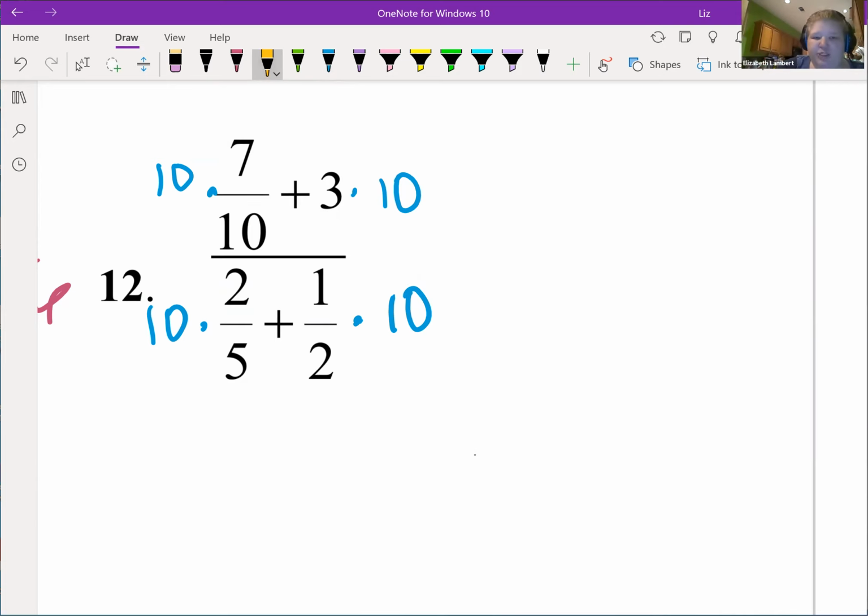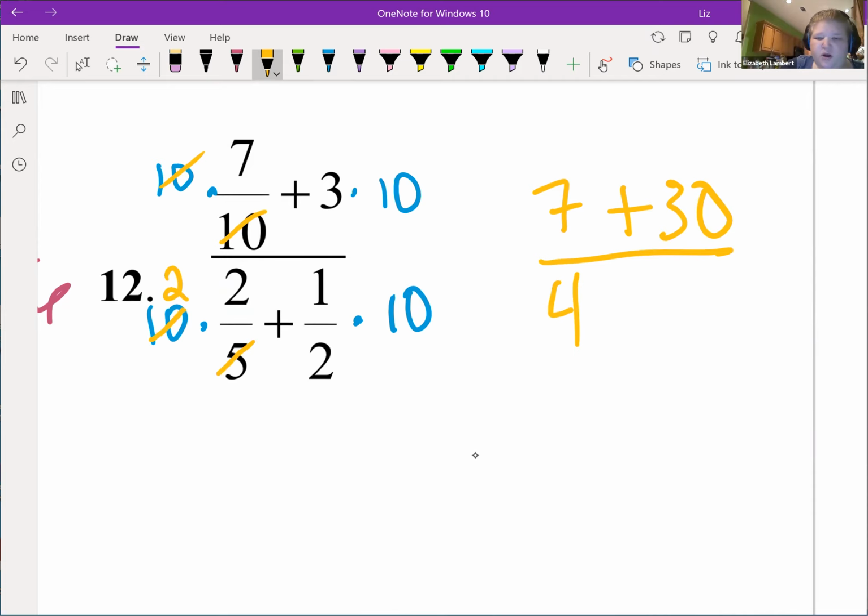All right, now we'll just deal with each little product we've created. The 10 and the 10 cancel, so this is now a 7. The original had a plus, and then 3 times 10 is 30. Over. 5 goes into the 10 twice. 2 times 2 is 4. Plus 2 goes into 10 5 times. 1 times 5 is 5.